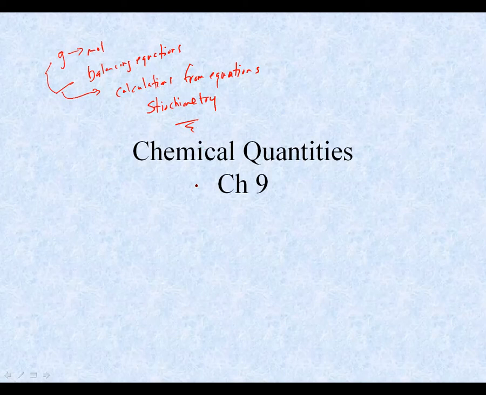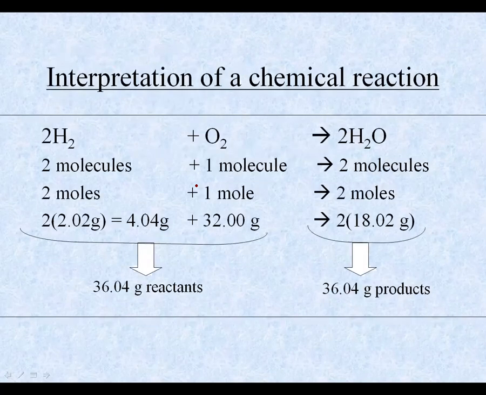We can figure out how much product we would make. We could also figure out how much reactant we would start with if we know how much product we make. We're able to calculate in a reaction, looking at both the reactants and the products, if we just know one piece of information.